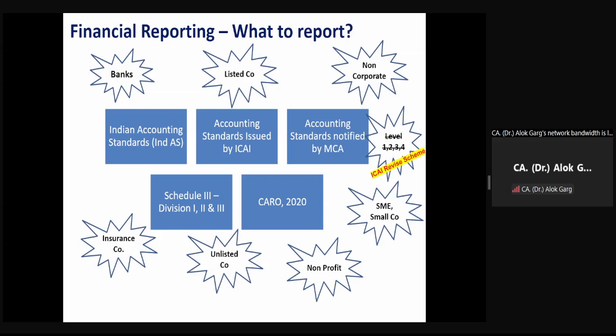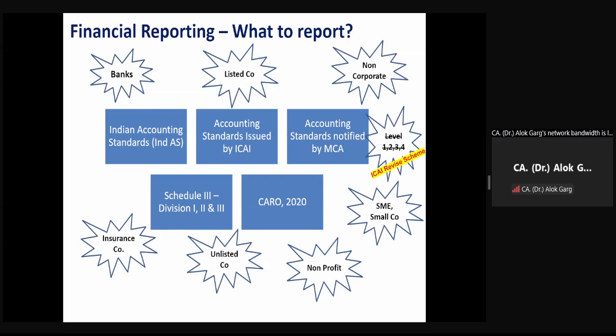Correct. Moving further, in addition to Indian accounting standards, we have accounting standards also, right? Accounting standards which are notified under the Companies (Accounting Standards) Rules 2021. It is not 2006, it is 2021, right? These accounting standards are applicable to the corporates, to the private limited and limited entities on which Ind AS is not applicable. Right?